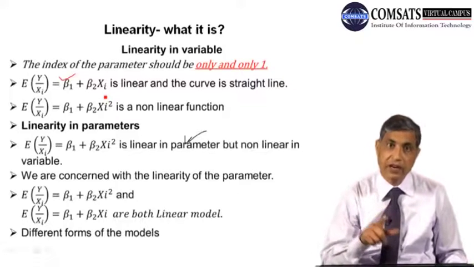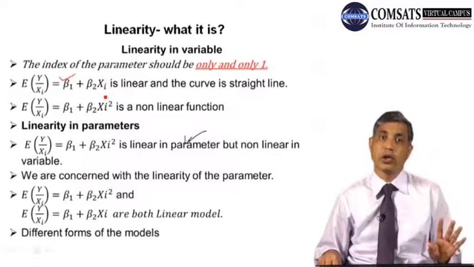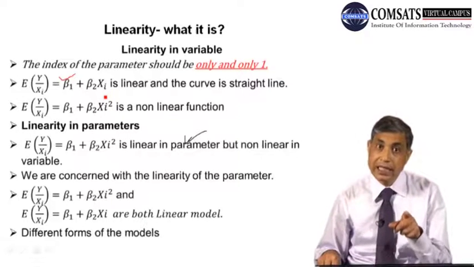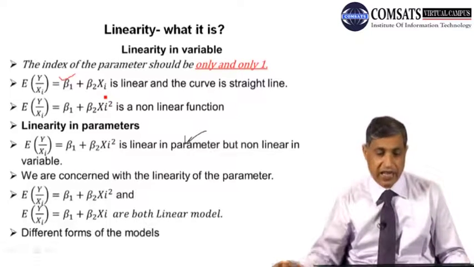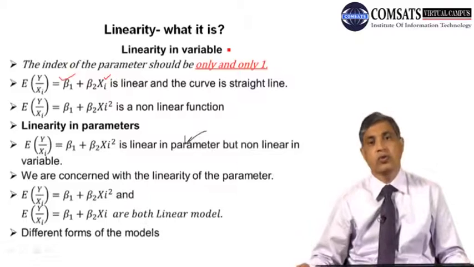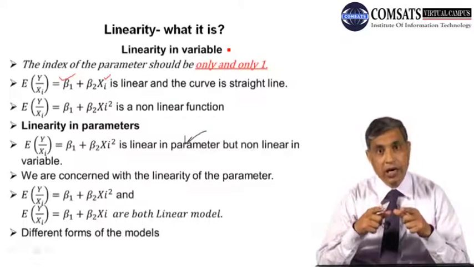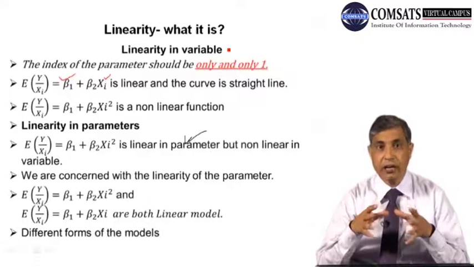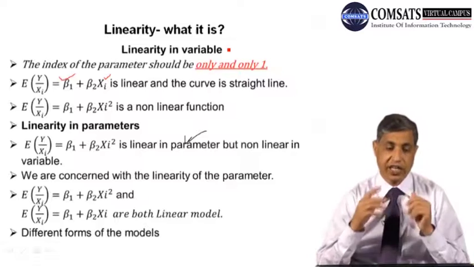The power of beta 1 and beta 2, the parameters, is 1, so this model is linear in parameter. And interestingly, the power of x is also 1. So this model is not only linear in parameter, but also linear in variable.